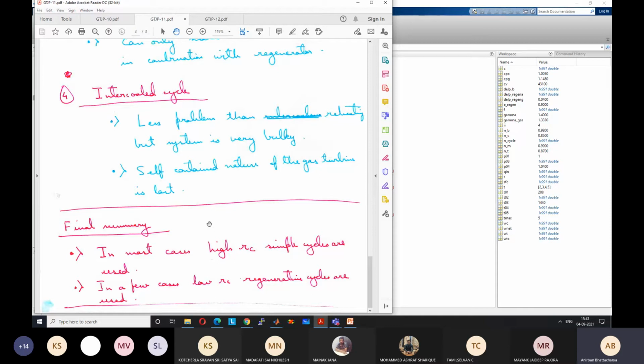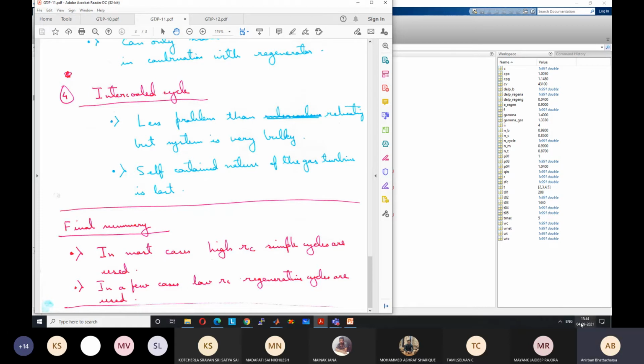You want the system to be as small as possible, because you have to carry that additional weight, so we need to simplify the cycle as much as possible. So for those cases, all the jet engines are based on the simple Brayton cycle only.